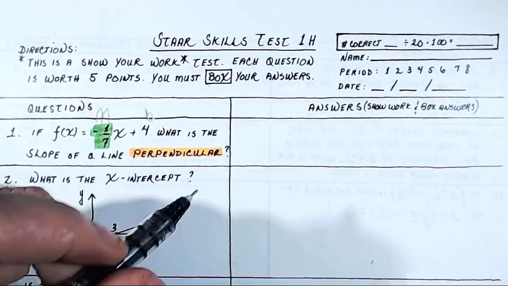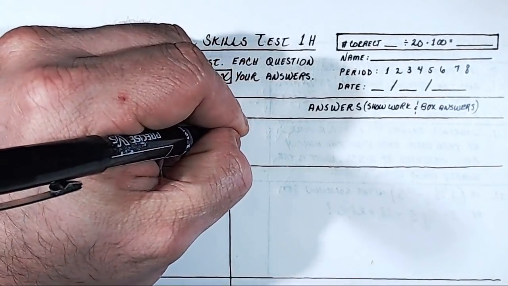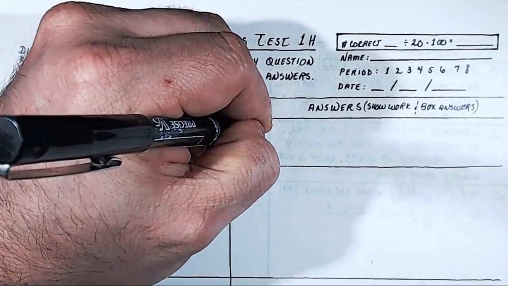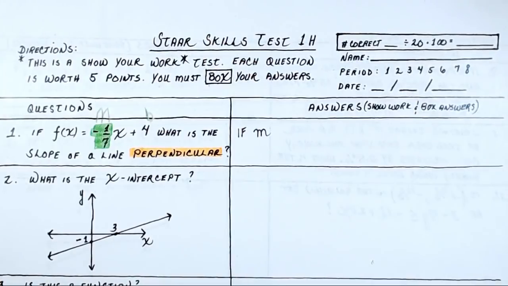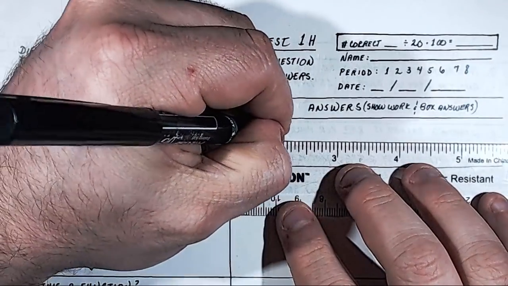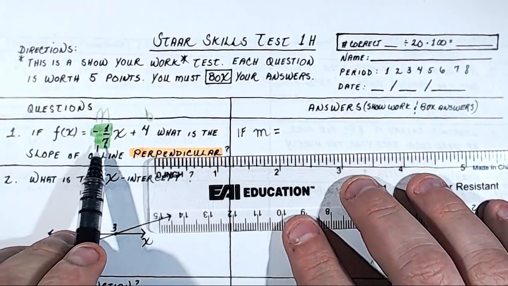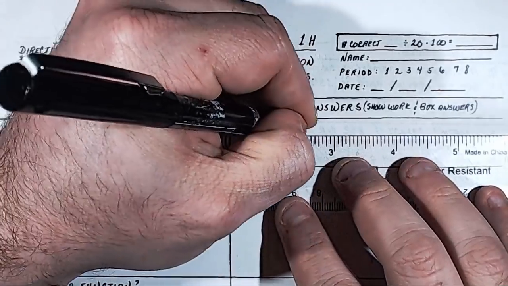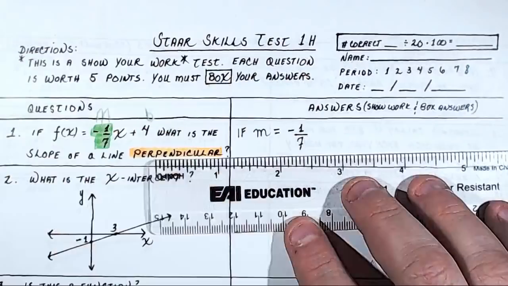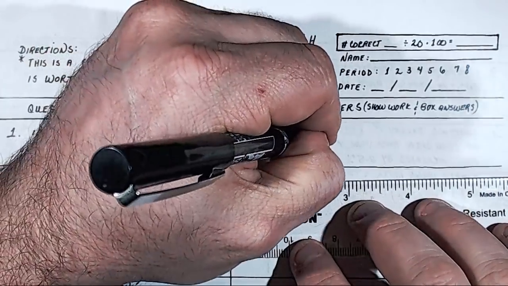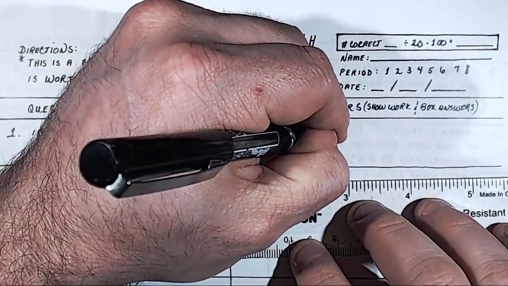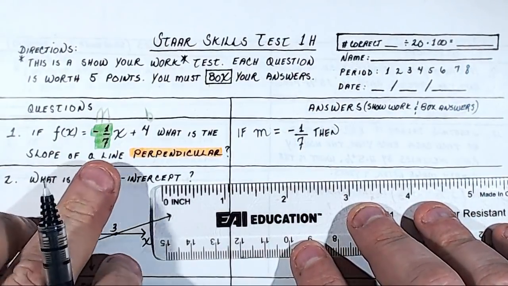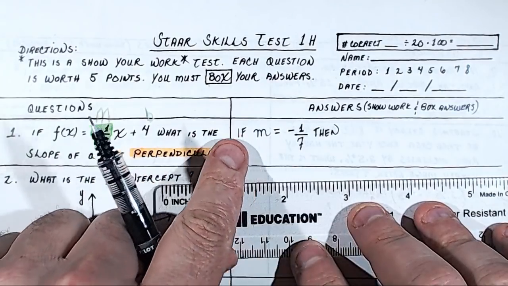So what we want to take away from this is that we're going to write down this. If m equals, and then we look over here and see what it equals, negative 1/7, then the slope of the perpendicular line, which would be the negative reciprocal.